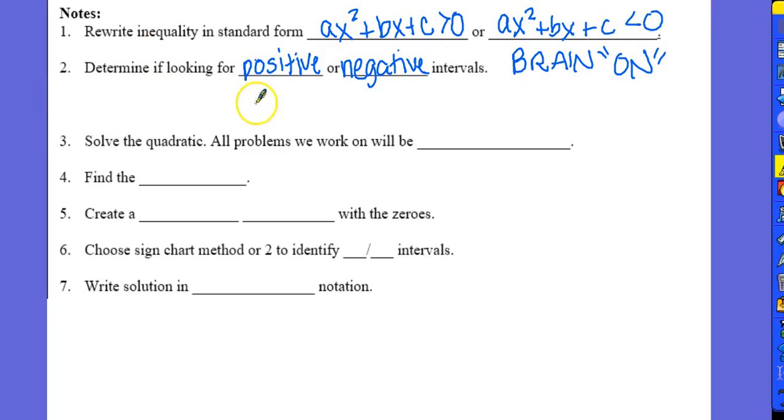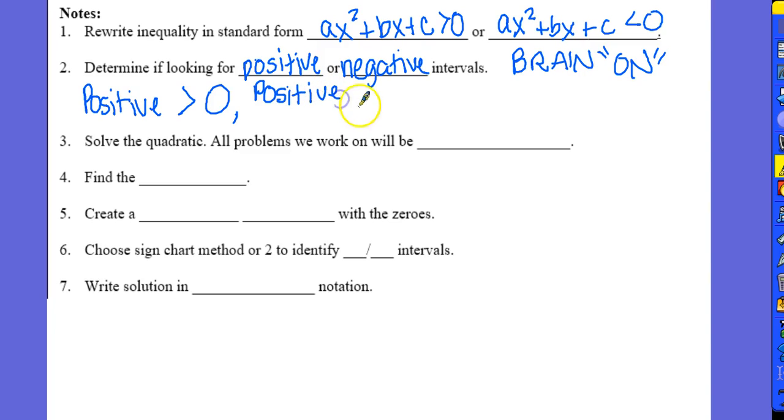Okay, I left some space under here just so that we can think about it. So if our answers are going to be positive, that means we're looking for numbers that are greater than 0. If we're looking for intervals that are positive, we're looking for numbers that create numbers that are positive, greater than 0. Correct? Because positive numbers are greater than 0. There's another greater than that we could talk about, and that's greater than or equal to, right?